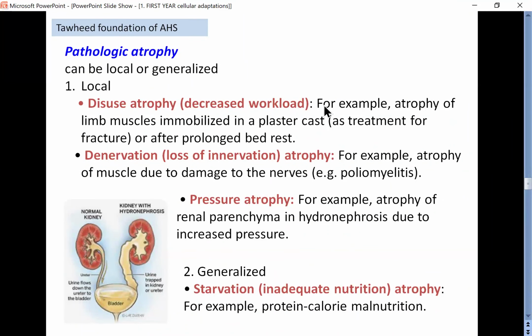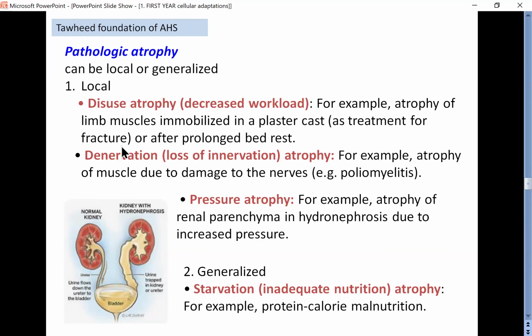They will be put under plaster of Paris or a cast for at least 3 to 4 months, or maybe 6 months or 1 year. What will happen to that limb muscle? The limb muscle will not be moving. They put the plaster of Paris for immobilization. They should not move their limb so that the healing of the fracture can happen, right?